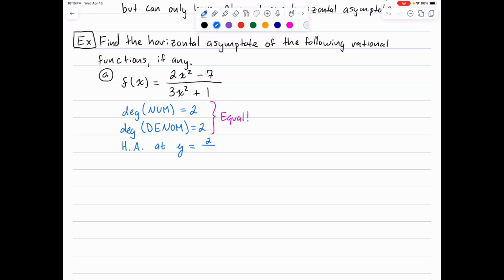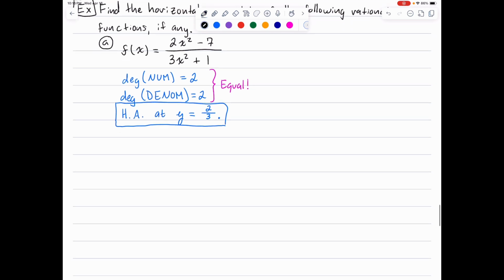Over the leading coefficient of our denominator, that's 3. So that means there's a horizontal asymptote at y equals 2 over 3. And then you're done. So if they're equal, then you're just going to do the leading coefficient of the numerator over the leading coefficient of the denominator.